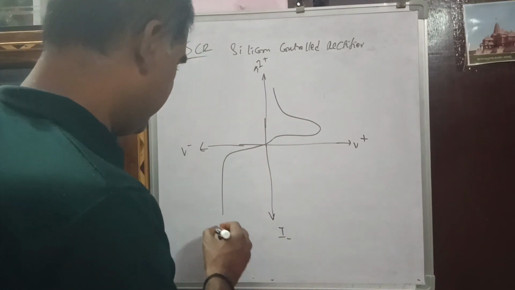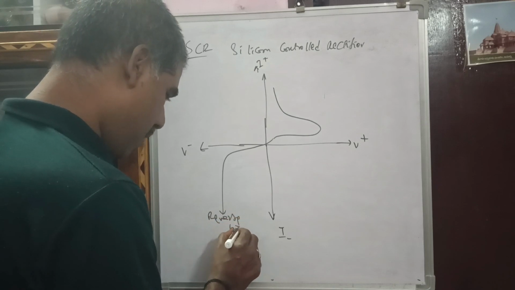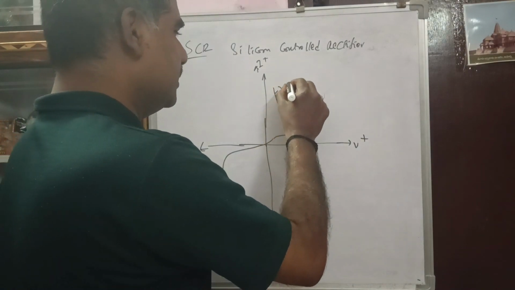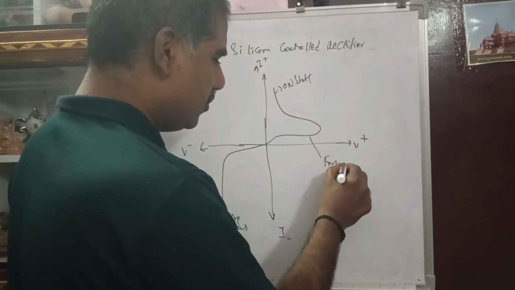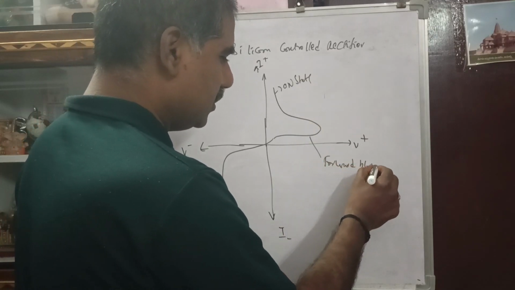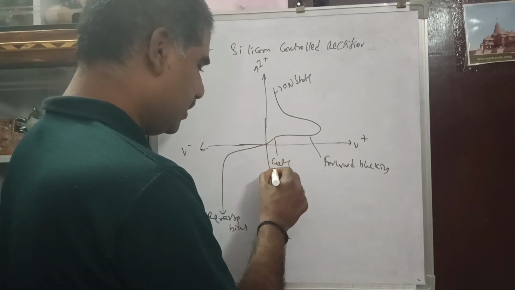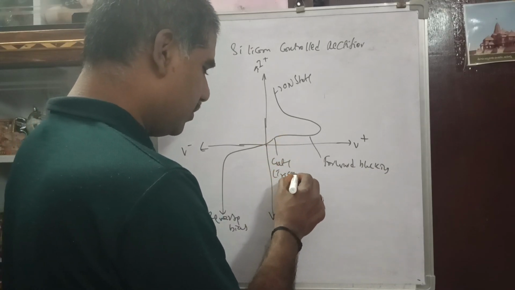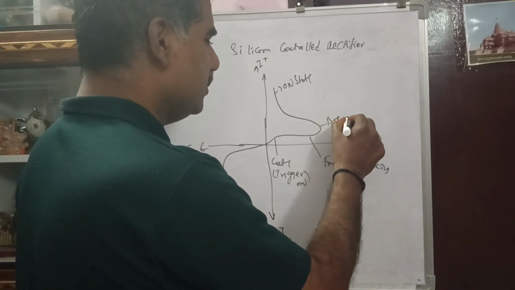This is the graph of the SCR. This region is reverse bias. This is the on state. This is forward blocking. The gate can turn it on by triggering. Another is the breakdown.